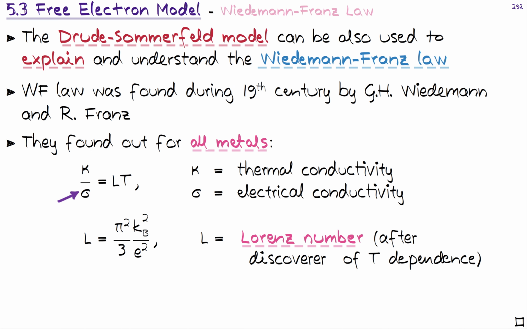It would also say that if we have a good electrical conductor, for example copper, which is a pretty good electrical conductor, we know right away that copper should be a pretty good thermal conductor as well. So these are the kinds of insights that we can derive when we remember the Wiedemann-Franz law.